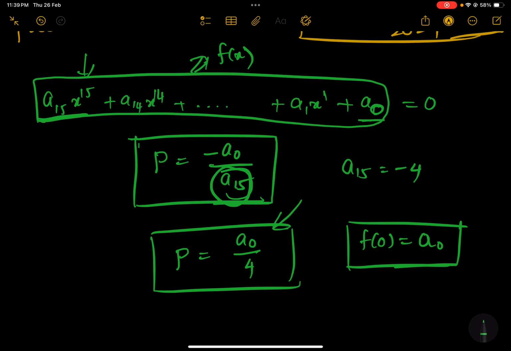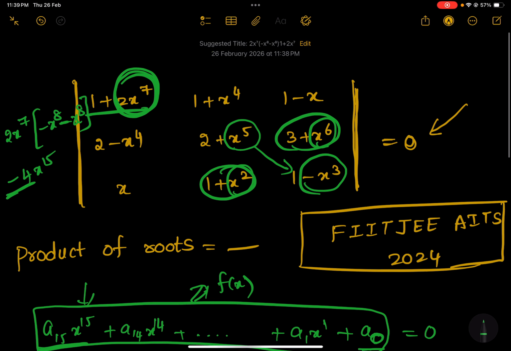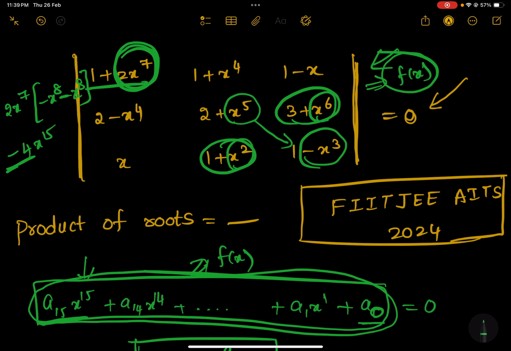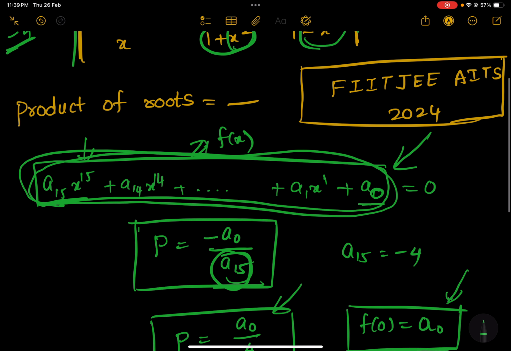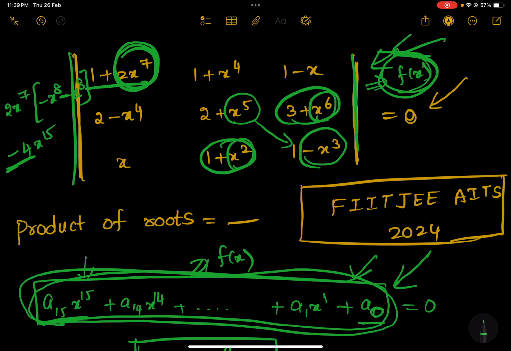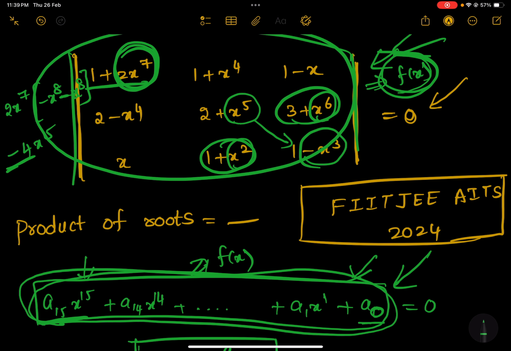Now this determinant is f of x, because this polynomial is achieved by expanding this particular determinant. When you put x equal to 0 into this polynomial, you get a0. So since this determinant is also f of x, you can put x equal to 0 into the determinant also.